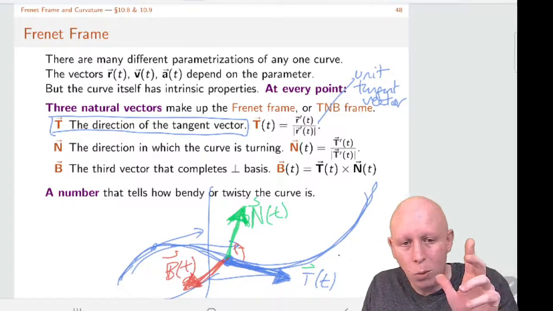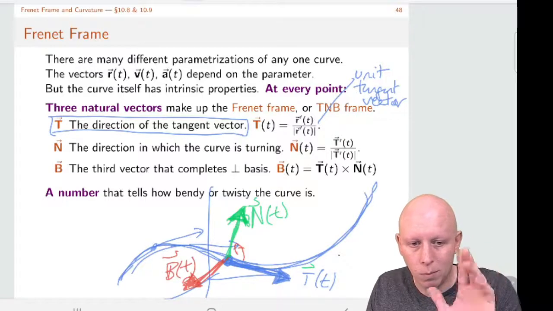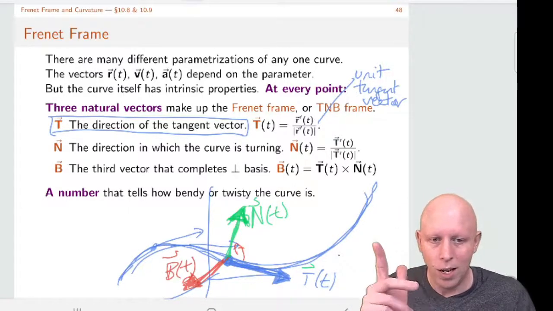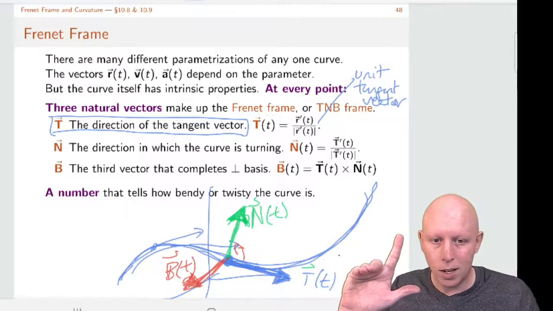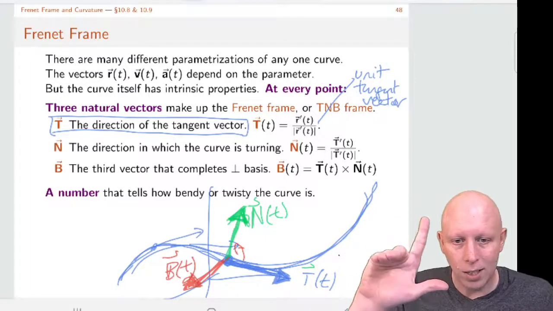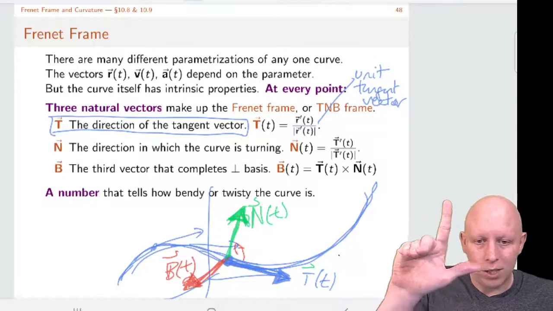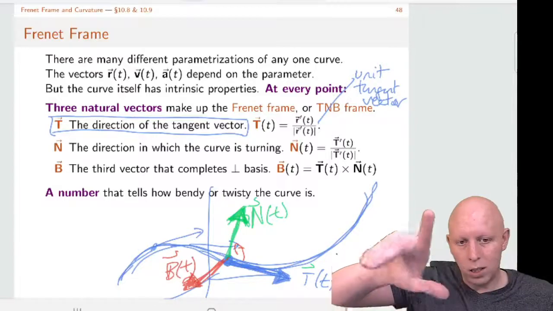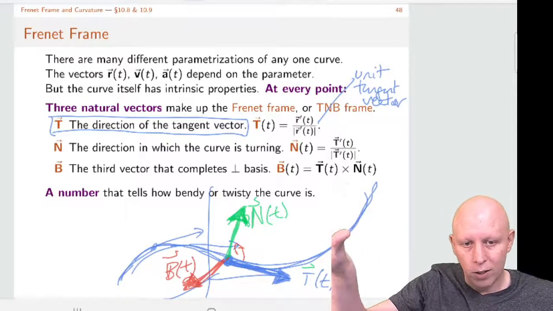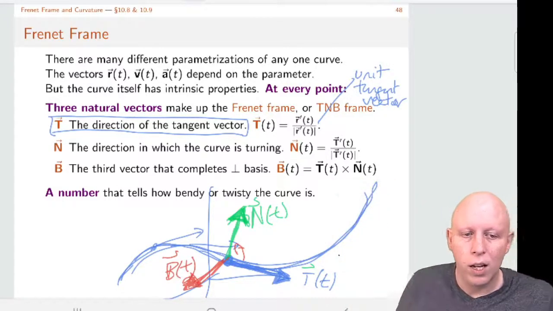At all points on this curve, you've got these 3 vectors that are slowly changing and following along this curve.